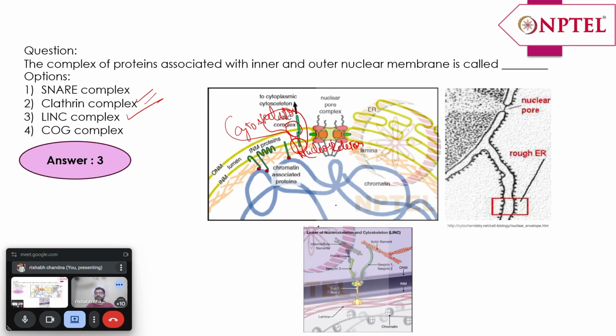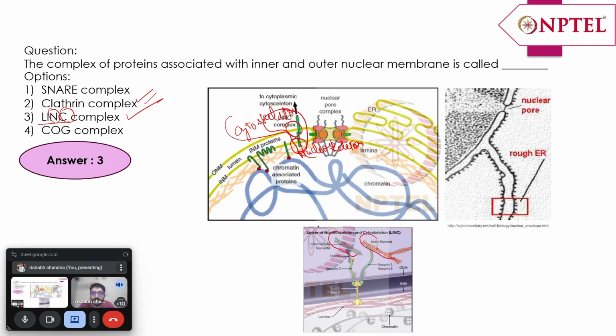The full form of LINC is linker of nucleoskeleton and the cytoskeleton. It has certain proteins. For example, these are the intermediate filaments, and this is an actin filament in the cytoplasm.